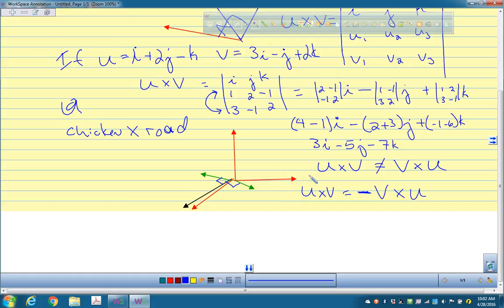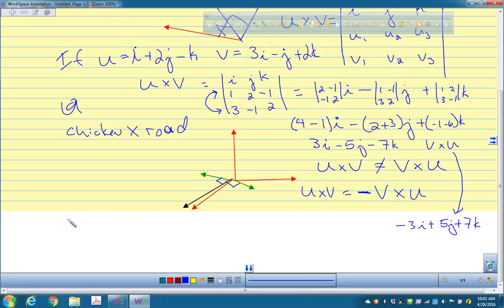In other words, if this is U cross V right here, then V cross U would be negative 3i plus 5j plus 7k. You got that?